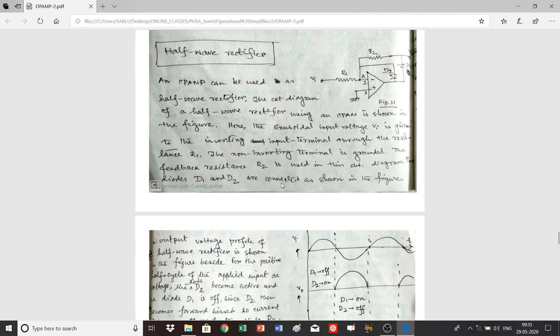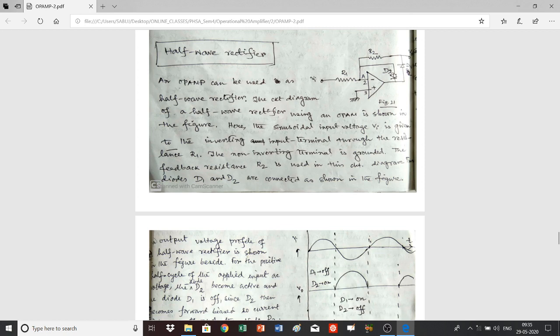Now let us consider that a sinusoidal wave or AC signal is applied to the inverting input terminal. Then what happens for the positive half cycle? This is the positive half cycle of the input voltage.